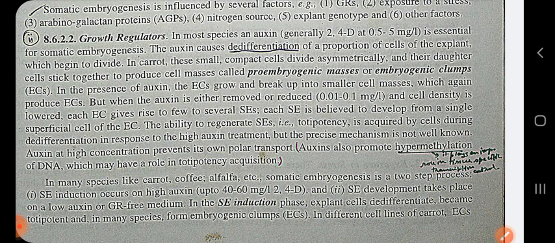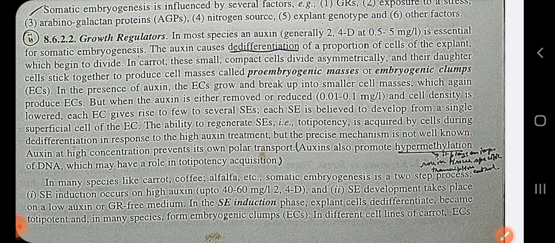Auxin has also been mentioned to promote hypermethylation of DNA. You have learned in your molecular biology class that certain changes in the structure of DNA, by addition of functional groups, can regulate gene expression.